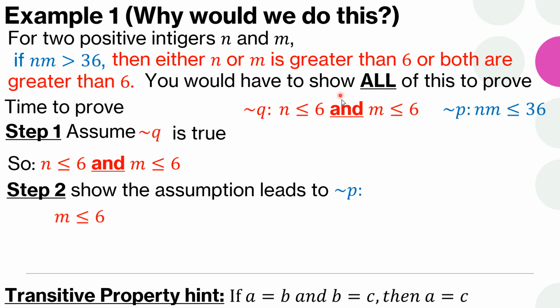But if we multiply both sides by n, we can get the nm, which is on the left-hand side. So as long as we get to this nm and we figure out how to get to this 36, we're good and golden. So let's multiply both sides by n. So now we have nm is less than or equal to 6n. All we did was multiply both sides by n.